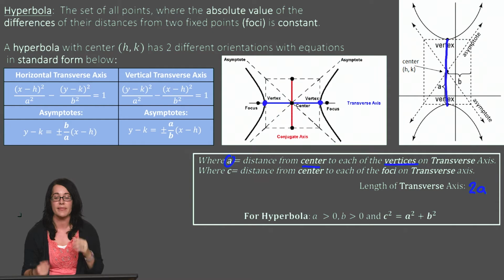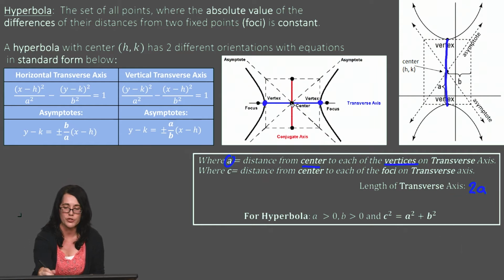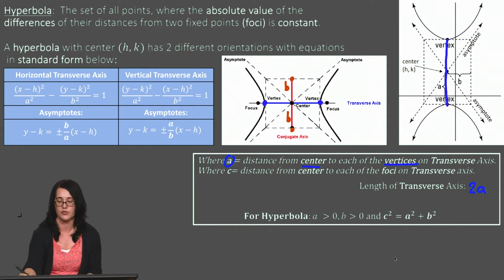Notice also that just as b was defined as the length from your center to the endpoints on your minor axis for ellipses, now b is also critical, but it's not going to help you get points on the trajectory this time. So that is a distinction. b will actually give you points if you were to go up and down b units, in this case when we have a horizontal transverse axis, if you went up b units here or down b units there, so the length there would be 2b.